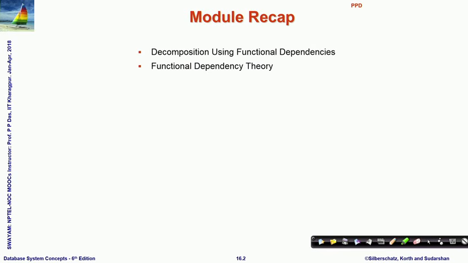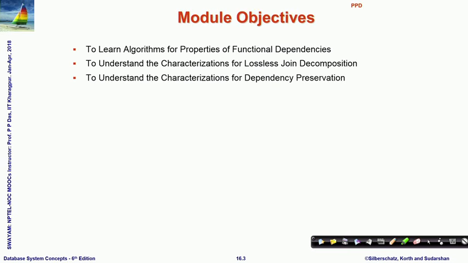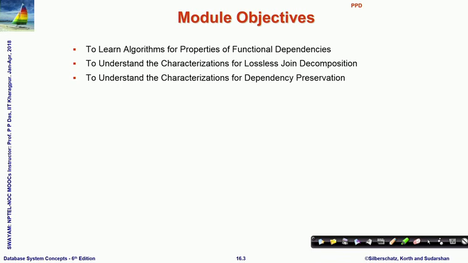In the last module, we discussed the notion of functional dependency and decomposition based on that at an elementary level, and a bit of its theory. In this current module, we will learn different algorithms that use the functional dependencies and can make conclusions about the design or make changes to the design.